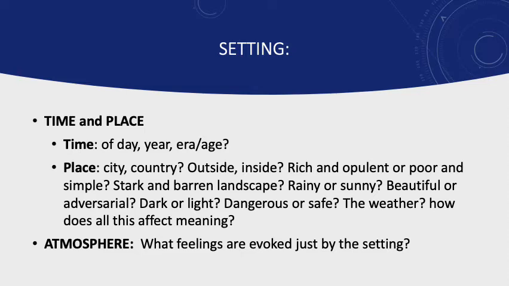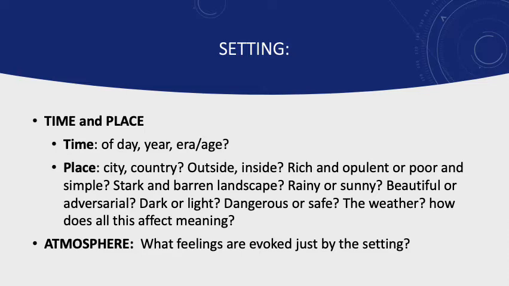Place. So where does it take place? And then the surroundings, environment could be symbolic. For example, a dark and stormy night never foretells good things happening. Certain things can be symbolic, like trees can be symbolic, water can be symbolic.